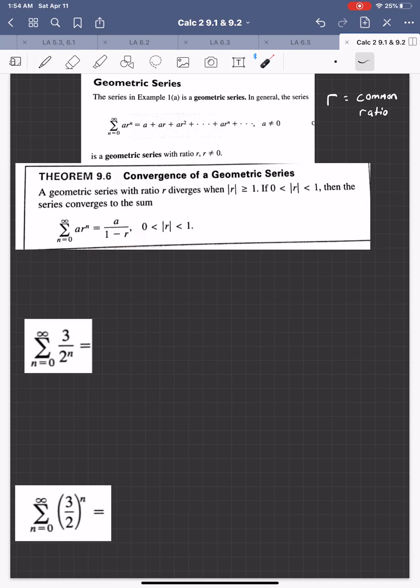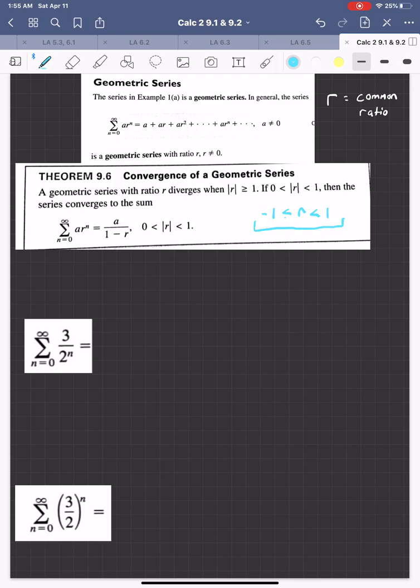Instead of using the absolute value, let me just write it this way: if you have between -1 and +1. Okay, so that's that way you don't have to think about the absolute value of R.